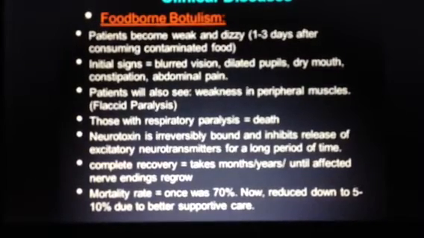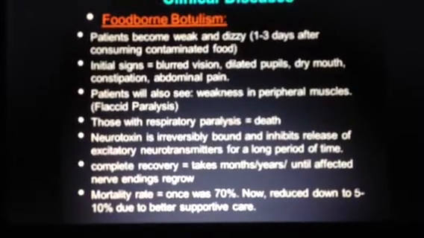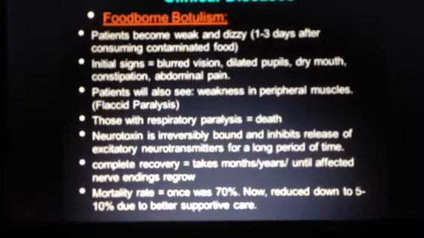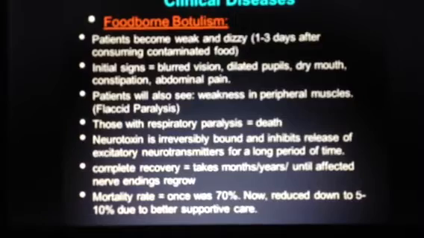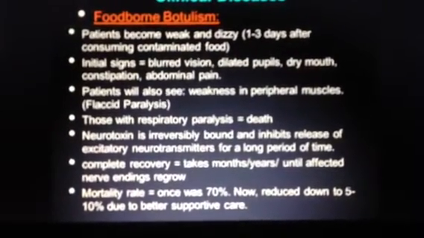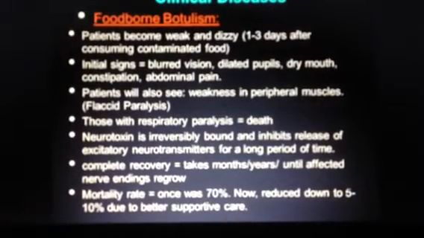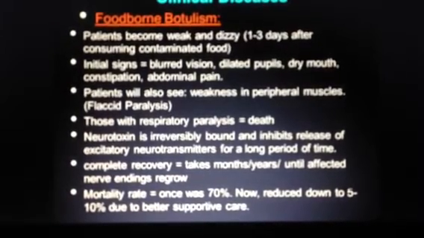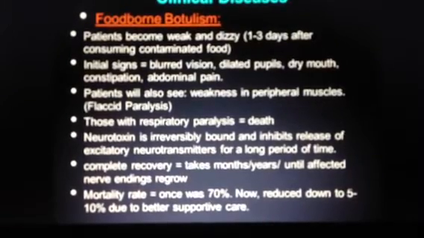Patients will also see weakness in peripheral muscles, which is also known as flaccid paralysis. Those with respiratory paralysis can die in this kind of disease. Neurotoxin is irreversibly bound, and it inhibits the release of excitatory neurotransmitters for a long period of time.